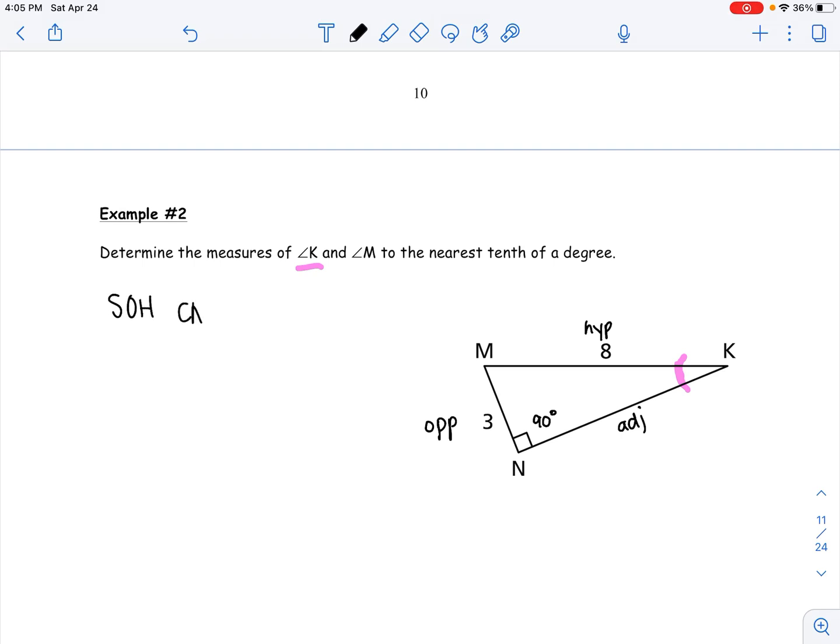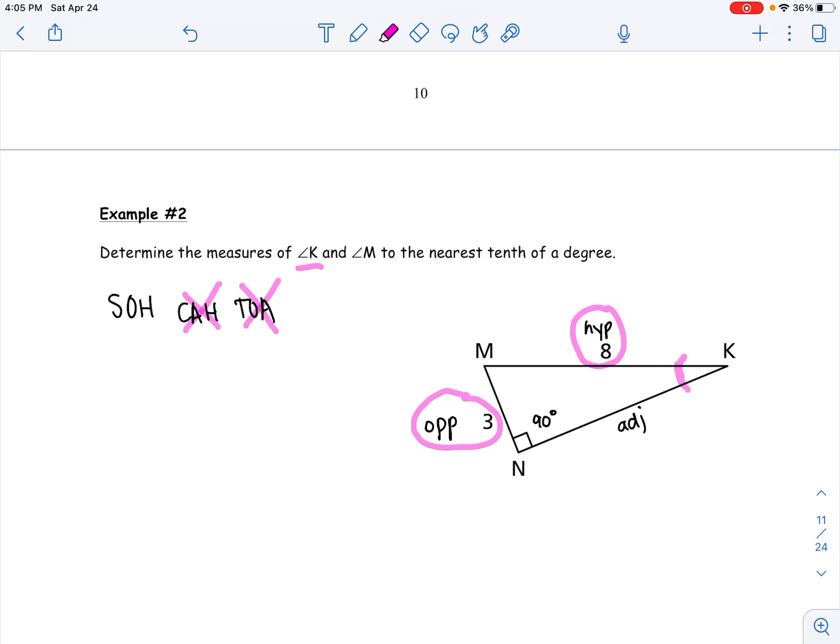So we need to pick what's the best from SOHCAHTOA. As you can see, I have a number for my opposite and I have a number for my hypotenuse, but I have no number for adjacent. So I don't want to use anything that has an A in it. Those are gone because I don't have a number for adjacent.